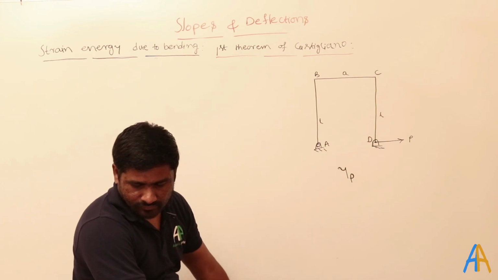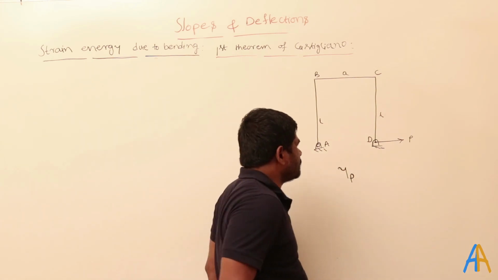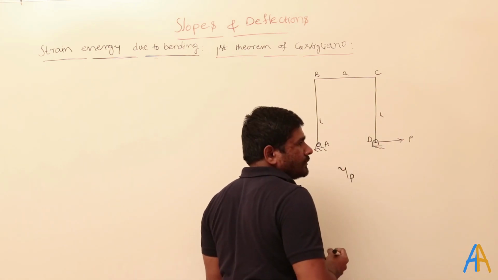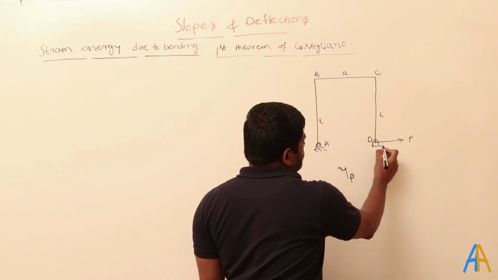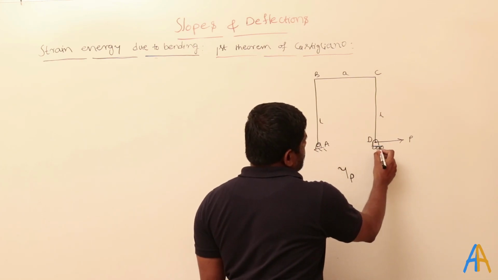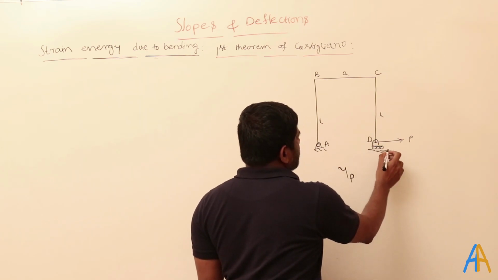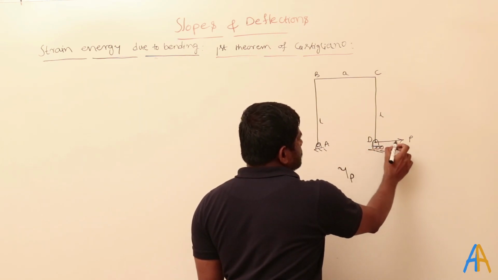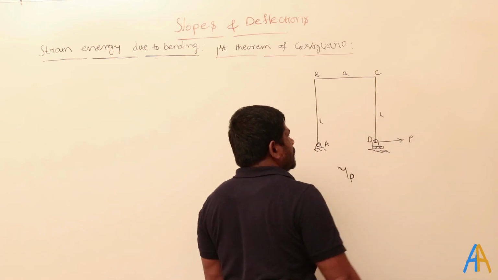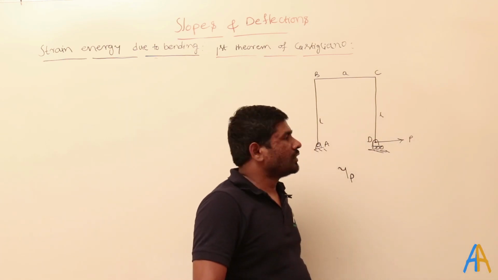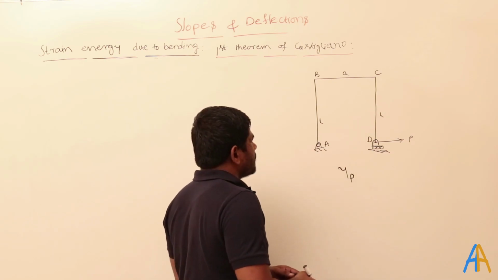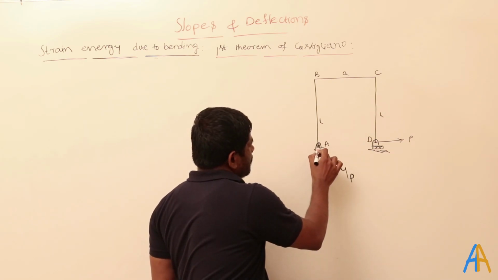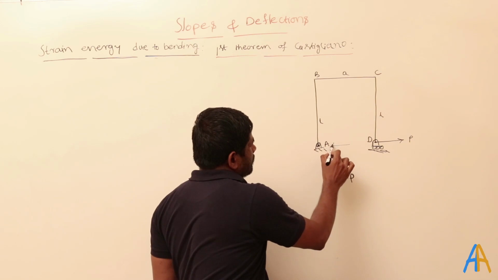So here, if it is fixed, how will you produce the deflection? If it is fixed, you cannot produce that. So we have a roller support here. Because of the roller support, it is trying to go in this direction. Where are the other places where there is a reaction? The only reaction is here.